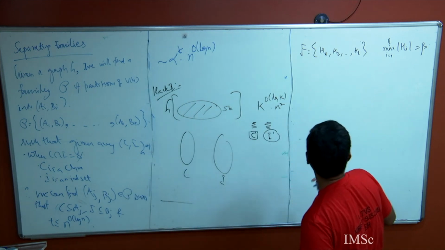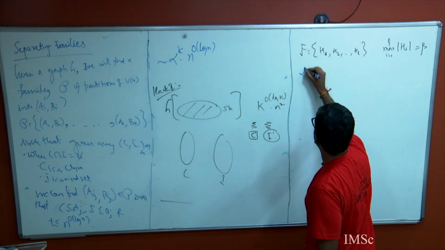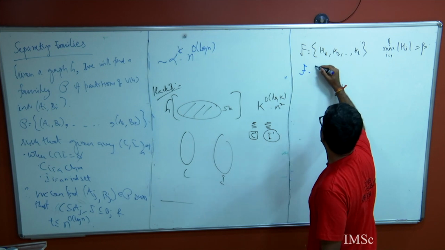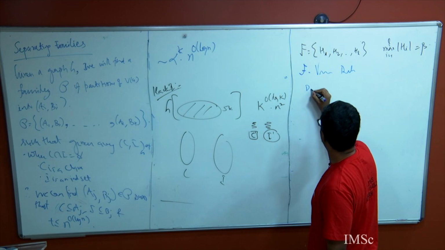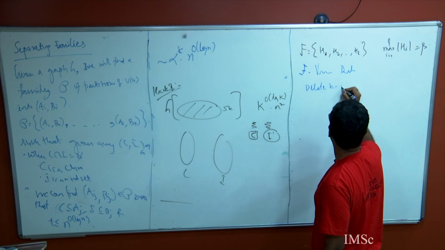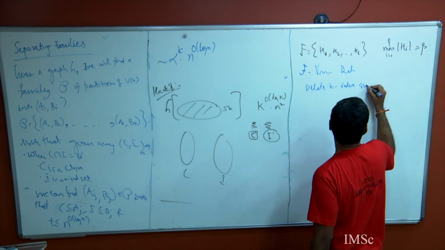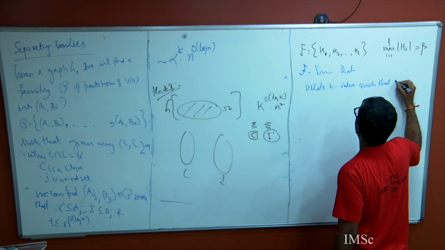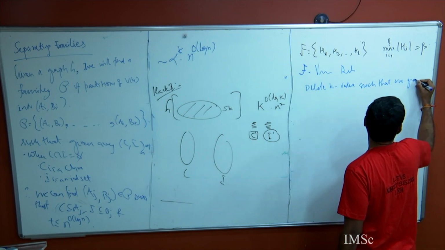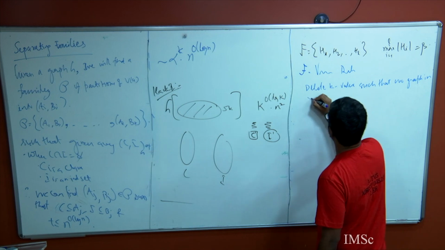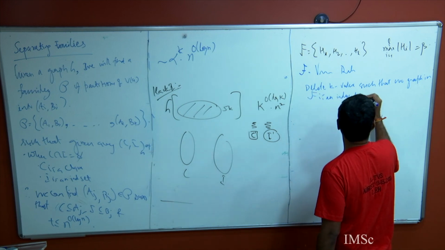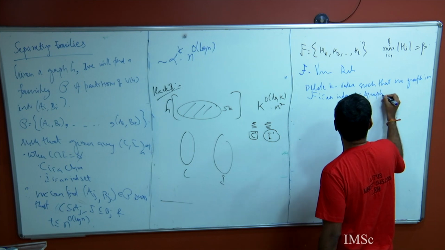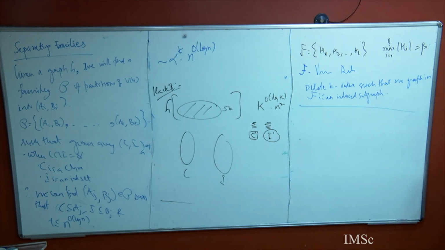And my question is: F-something vertex deletion, and the objective is to delete k vertices such that no graph in F is an induced subgraph. Okay, no graph in F is an induced subgraph.